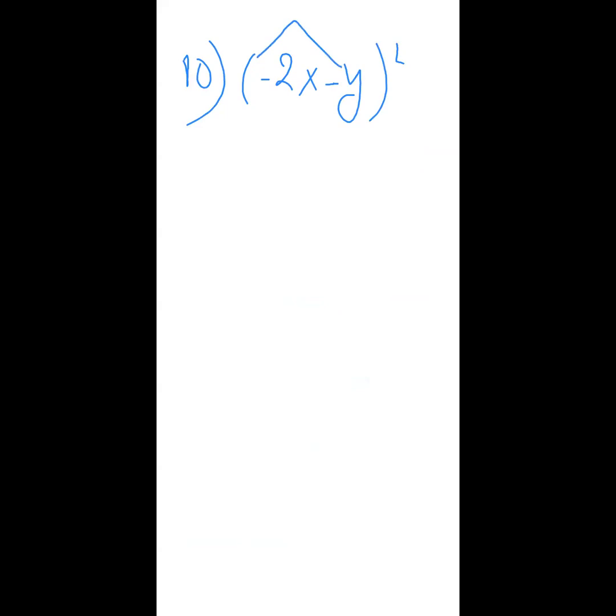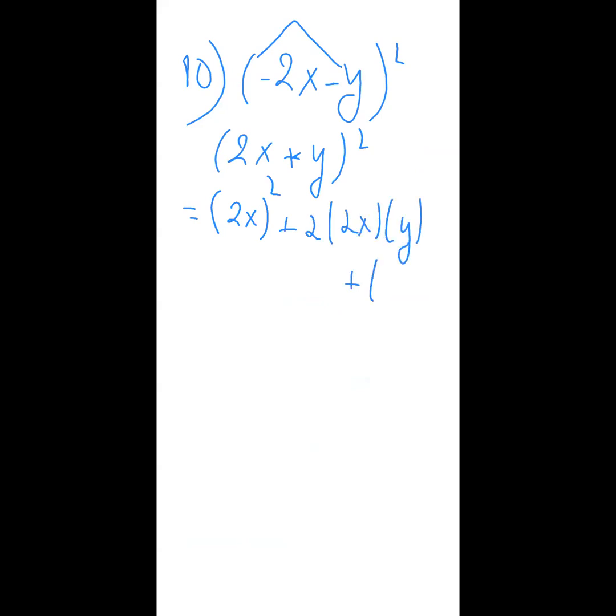So first of all, now multiplying the two signs, 2x plus y squared, which is equal to the squaring of the first plus 2 into the product plus the squaring of the second one. 4x squared plus 4xy plus y squared. Very good.